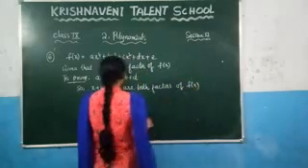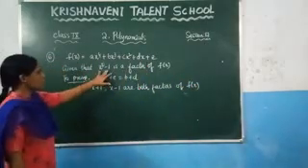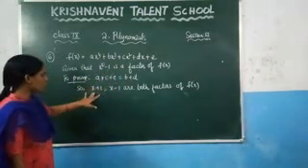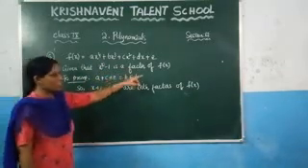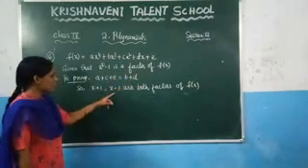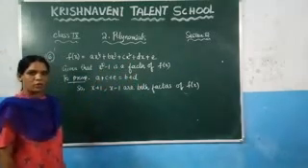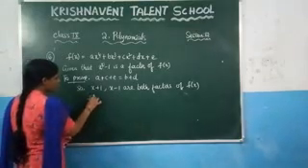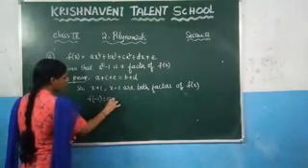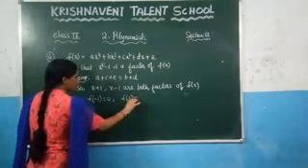So we can say that x plus 1 is also a factor of f of x, and similarly x minus 1 is also a factor of f of x. So if it is a factor, based on this condition we can say that f of minus 1 is equal to 0, and f of 1 is equal to 0.